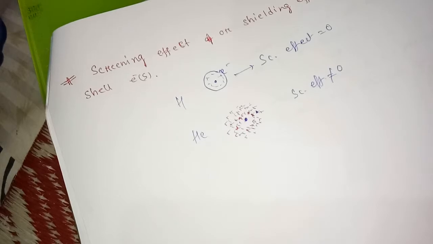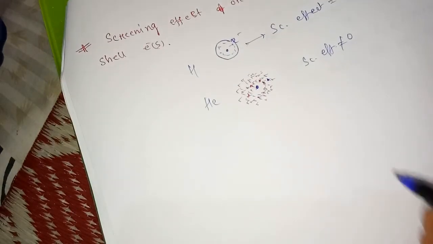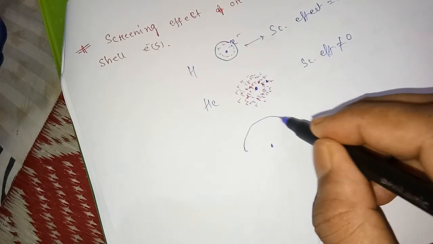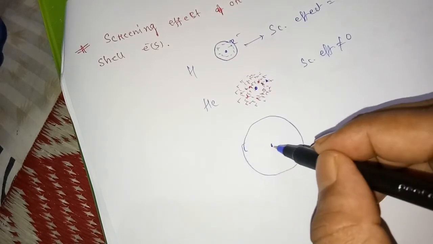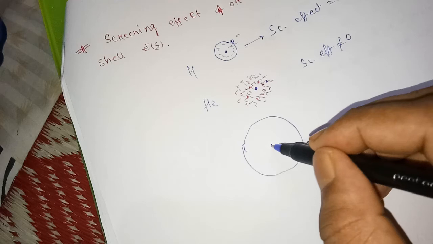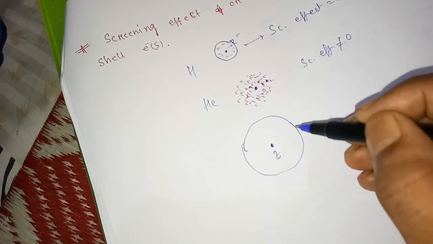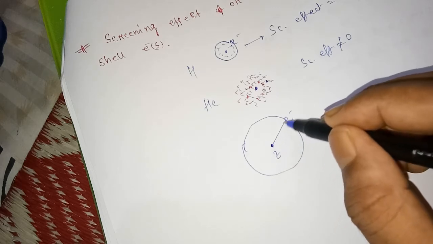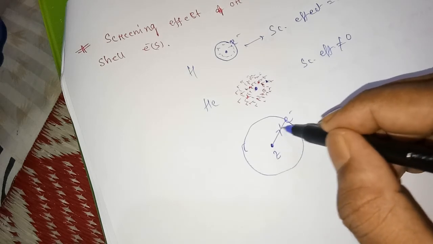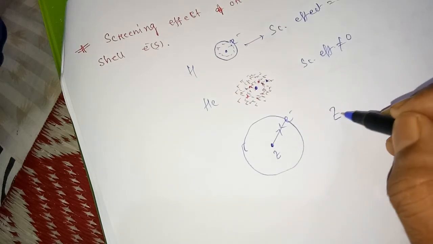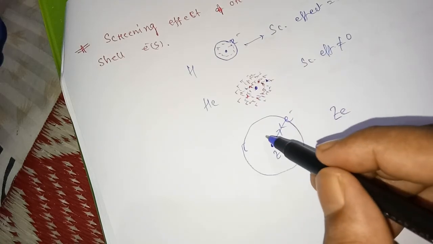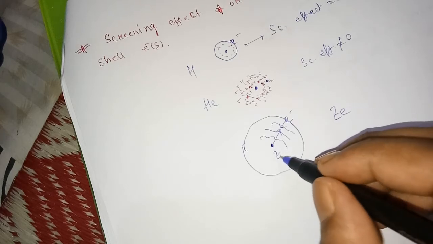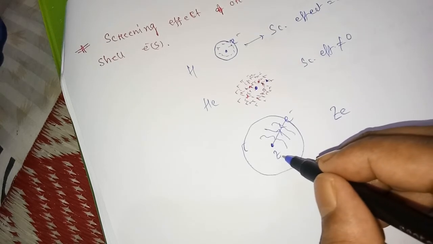Now what I want you to understand about the screening effect is this: for a multi-electron system, if there is no inner electron, then the charge of the nucleus is Z, the charge of the electron is E, and the force of attraction is Z into E. Now if I have inner electrons, then this effect of Z is reduced.